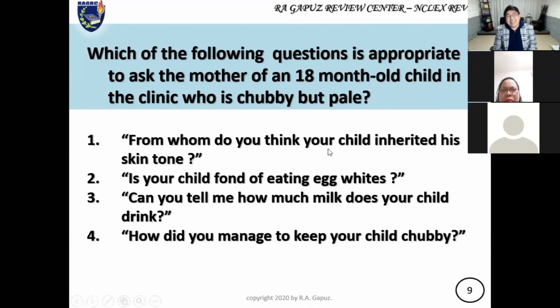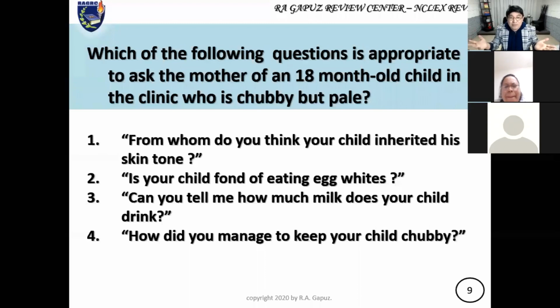I remember one nurse who was trying to measure the height of a patient. And the patient actually is short. So the nurse asked the patient, oh, you stand 4 feet 6 inches. From whom do you think you got your height? What was in the mind of the nurse was that she was trying to assess whether it's the mom or the father who is short.